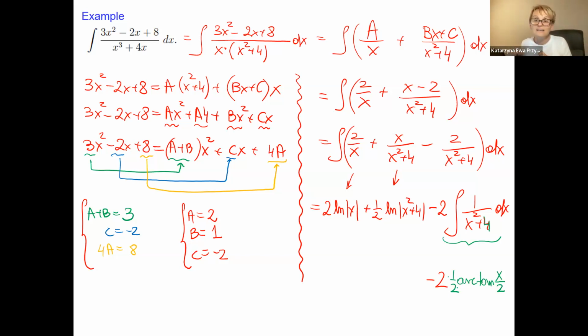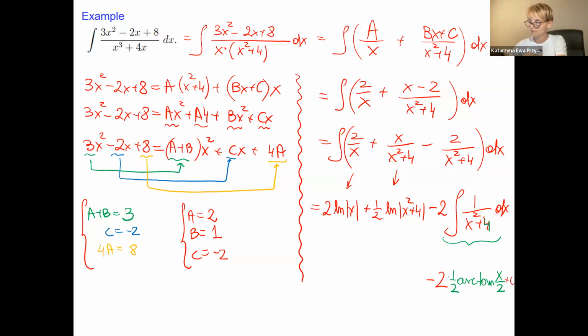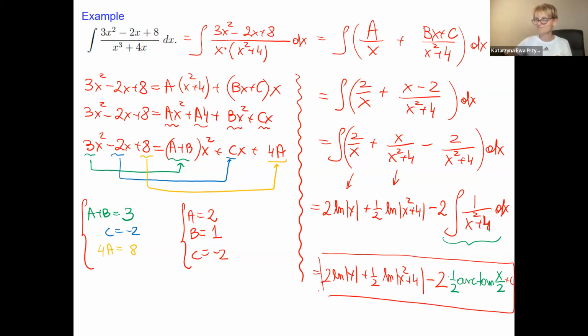It's actually 1/2, not 2. It will be 1/2 of arctangent of x/2. Okay, perfect. It's a really nice integral. All of them are really nice.